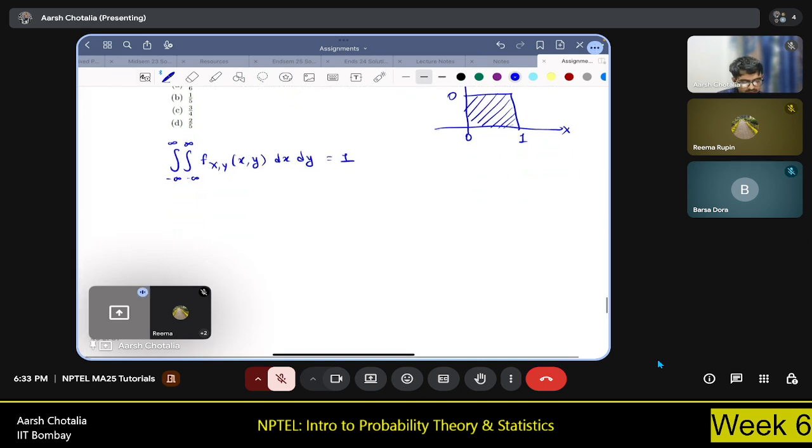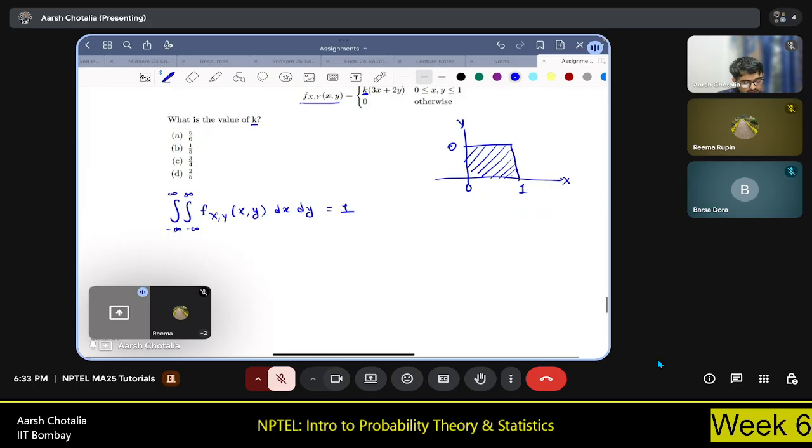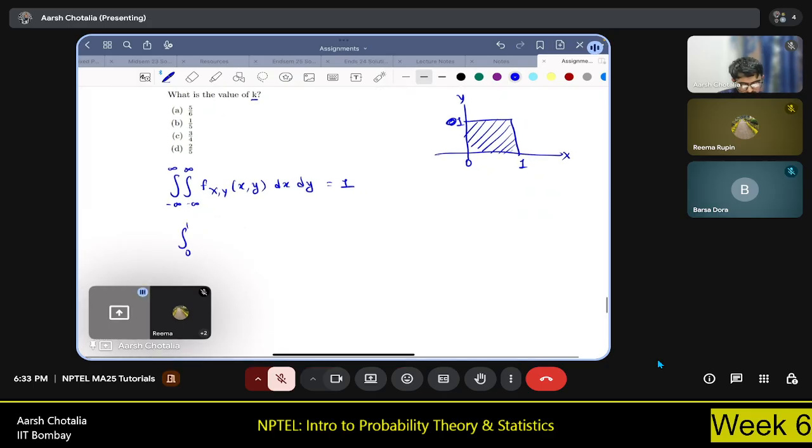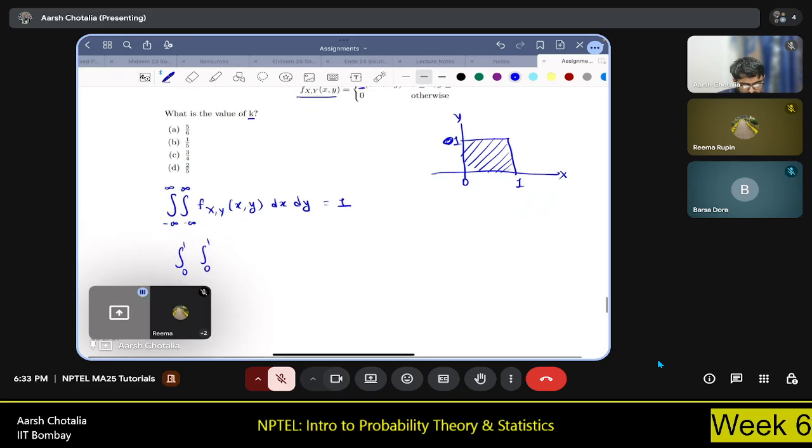But in our case, this is only from 0 to 1. So I can write the integral from 0 to 1, 0 to 1, of f(x, y), which is k into 3x plus 2y, dx dy, equal to 1.